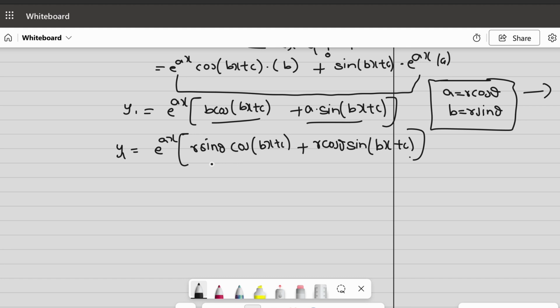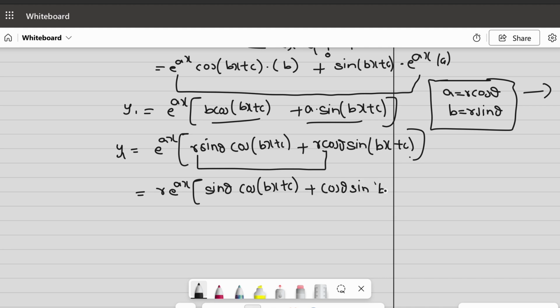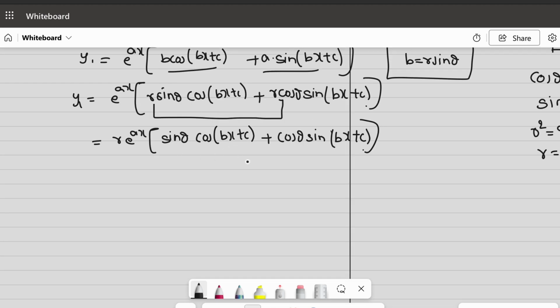And if you see clearly, we have one more common term, that is the r value. So take it out, that is r into e power ax into sin theta into cos of bx plus c plus cos theta into sin of bx plus c. And if you see clearly, it is in the form of sin A cos B plus cos A sin B, that is sin of A plus B.